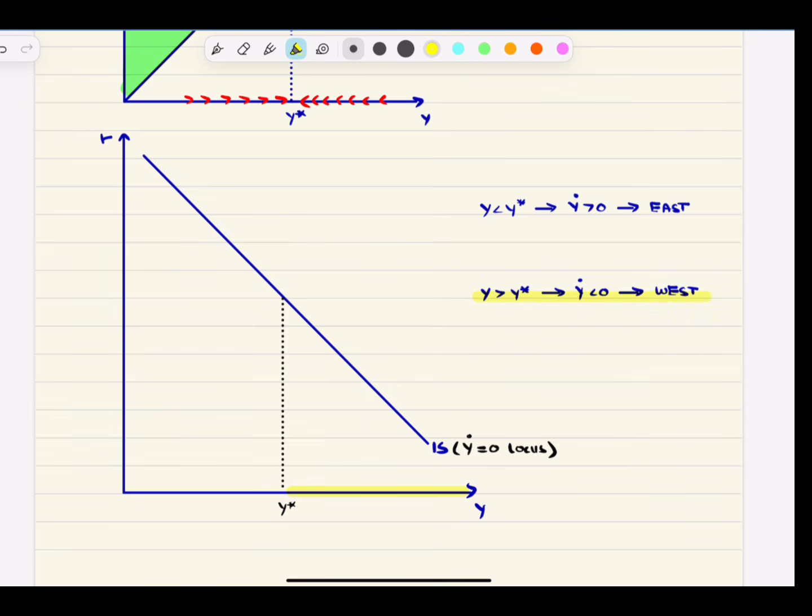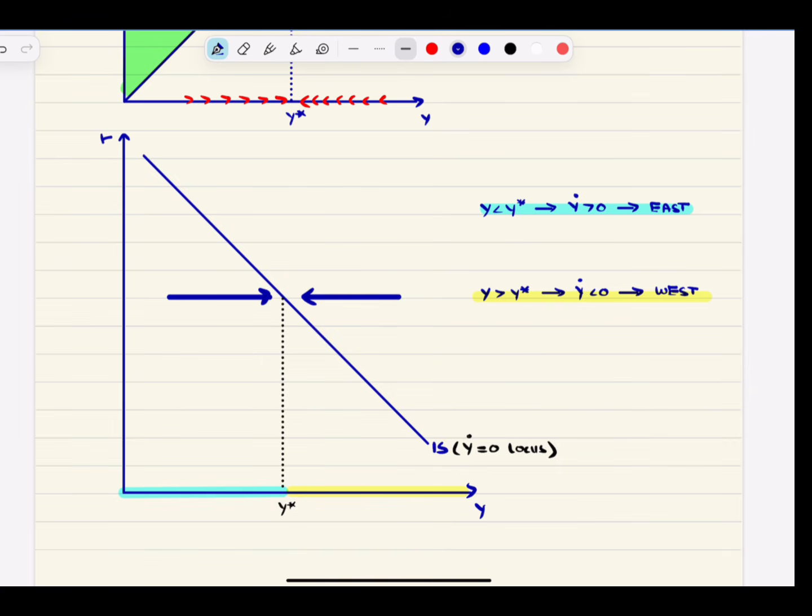So whenever output is greater, I want to make an arrow which points to the west. Okay, and along this side, whenever output is less, I have to make arrows which point towards the east, something like this.